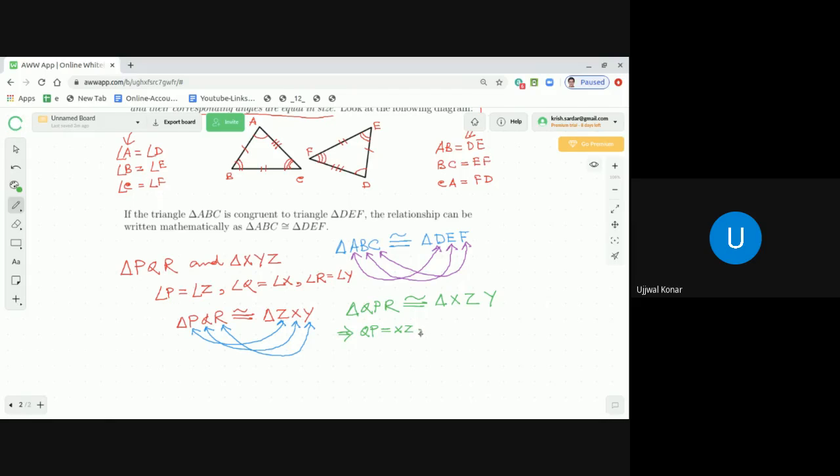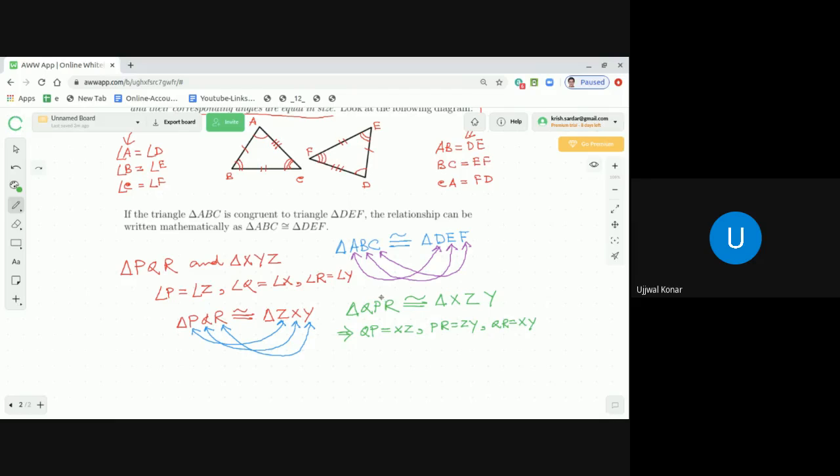Got it? Then PR is equal to ZY and QR is equal to XY. Got my point, dear students? As it is QP, the first two, it should be the first two of XZ. Got it? Yes, sir. Okay.